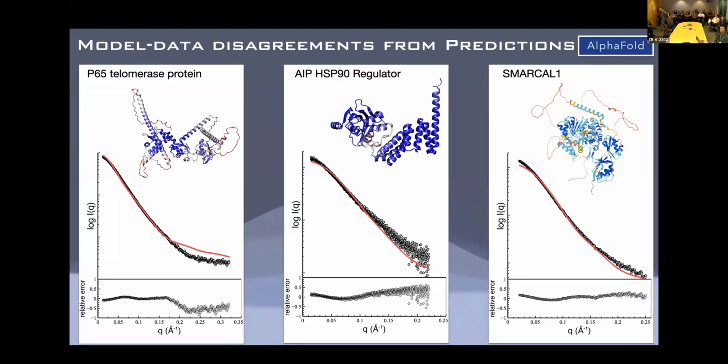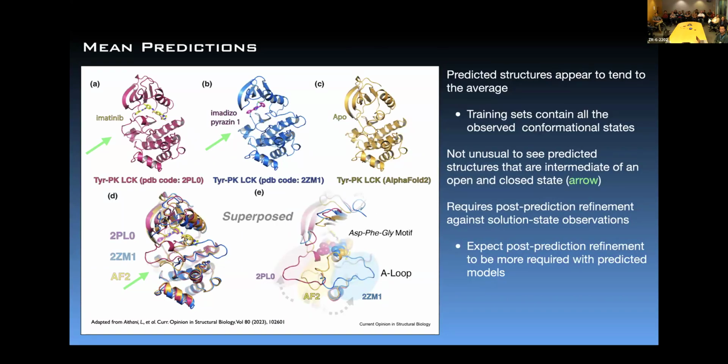So if you think about it like this, you might be close, right? And this discrepancy here is telling you to just repack, maybe some local repacking. Here, the overall geometry is off. There's got to be some major structural change, since the Rg has the largest disagreement. And when you think about why you need to repack this, I think AI predictions, the concept is that they tend to the mean.